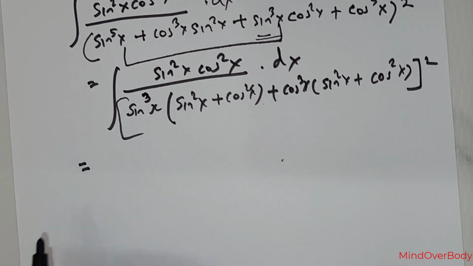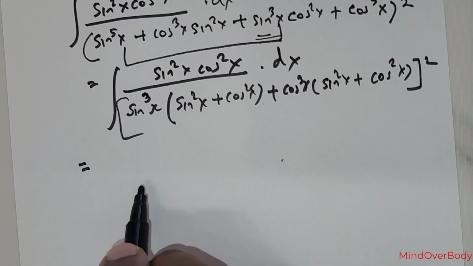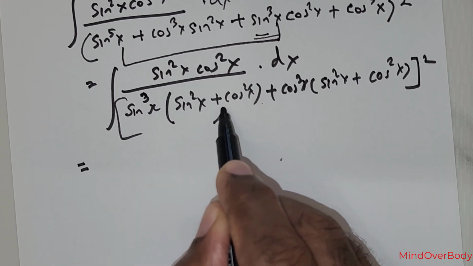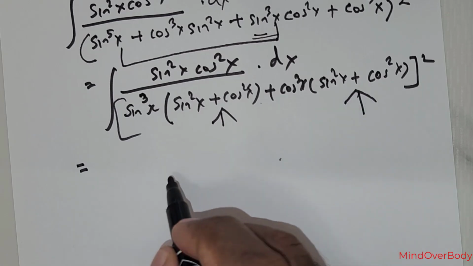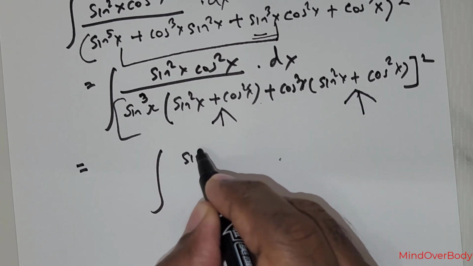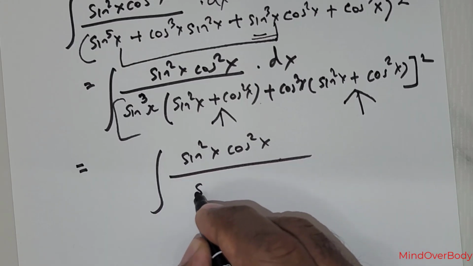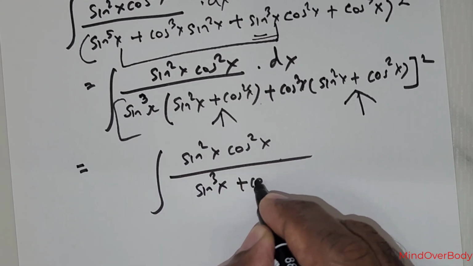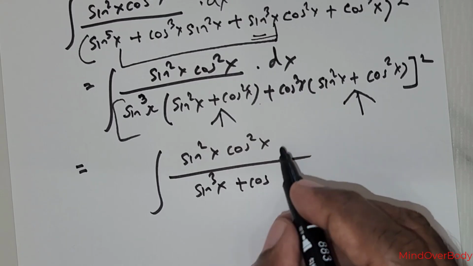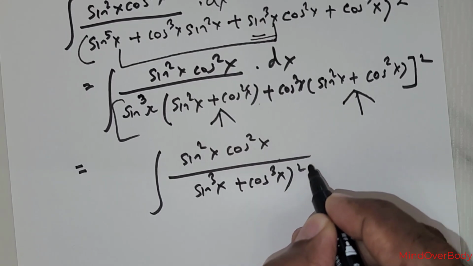Now this will give me 1, this will give me 1. So I have the integral of sine squared x times cos squared x divided by (sine cubed x plus cos cubed x) raised to the power of 2.